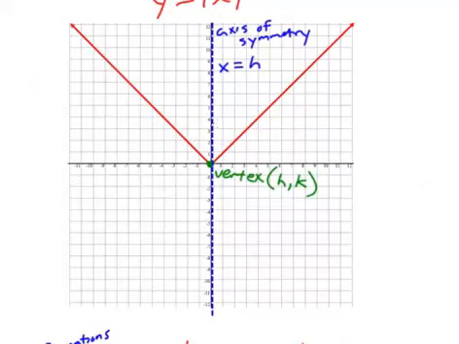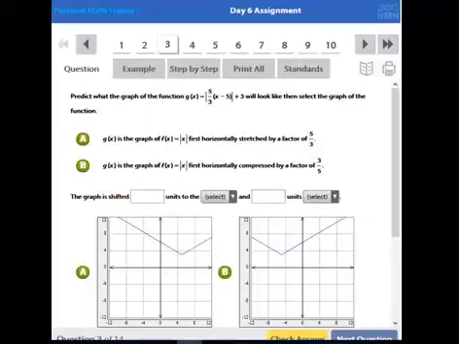Then later on in the module, we'll move away from absolute value functions, and let's do some examples from the day 6 assignment. Here they want us to predict what the graph of the function g of x is equal to the absolute value of 5 over 3 times x minus 5, plus 3 would look like, and then select the graph of the function. So what we want to do in this case is identify our key values, which are a, b, h, and k.